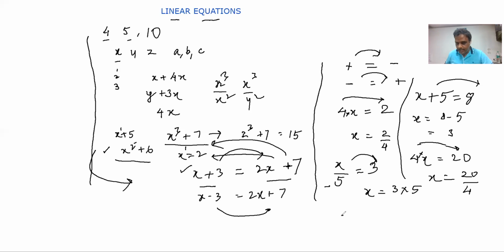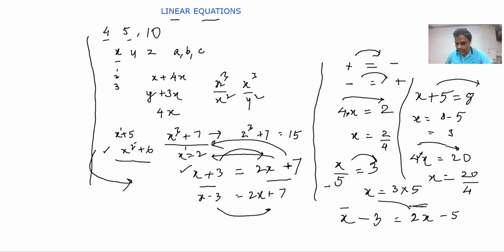Anything else? Let me take two variables. x minus, say, 3 is equal to 2x minus 5. Now, I'll bring both variables together. This is a variable, this is a variable, this is a constant with a variable. So this entire thing becomes a variable.